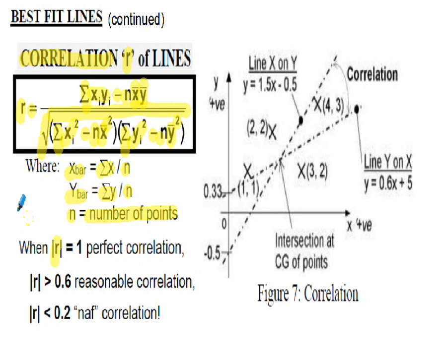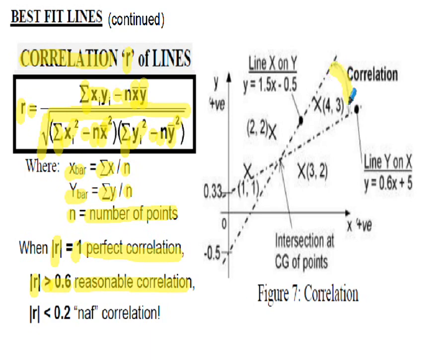If the magnitude of the r value, just its size, forgetting its sense, positive or negative, is 1, then it means all the points plotted lie on the best fit line. That's perfect correlation. If we have an r value greater than 0.6, that's classified as reasonable correlation.